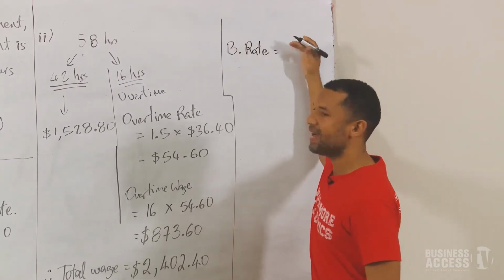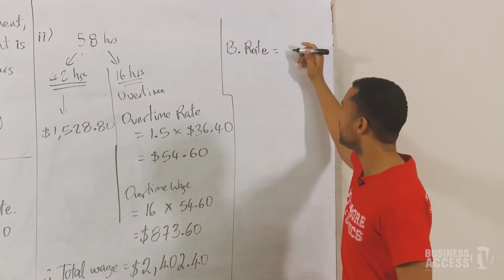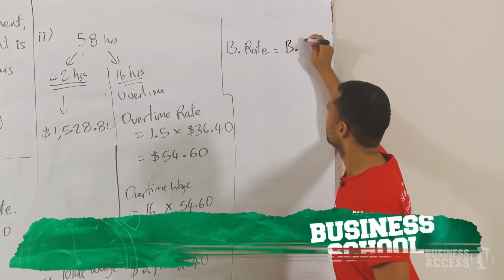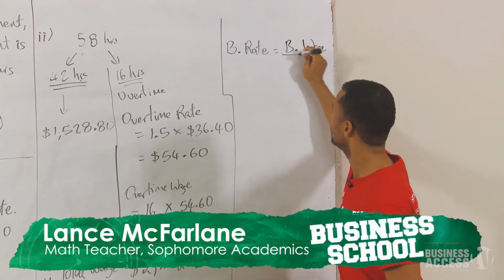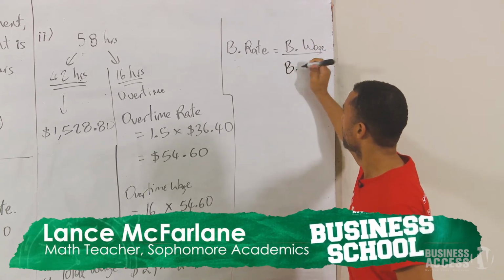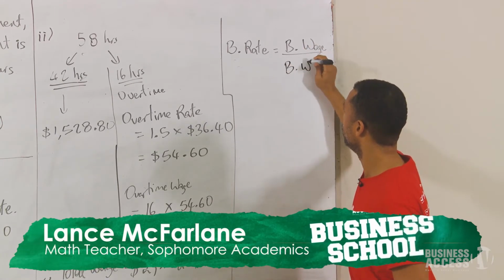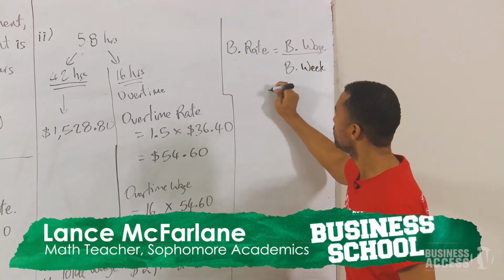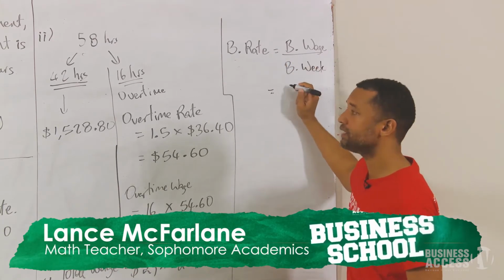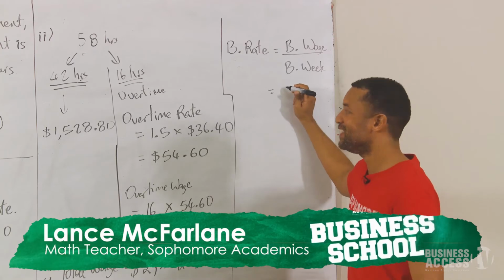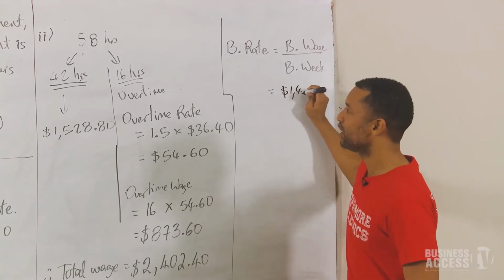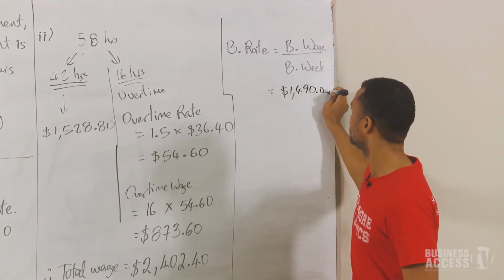To get this basic rate, all you're going to do is divide the basic wage by the basic week. So quickly, the new basic wage, ladies and gents, is $1,490.